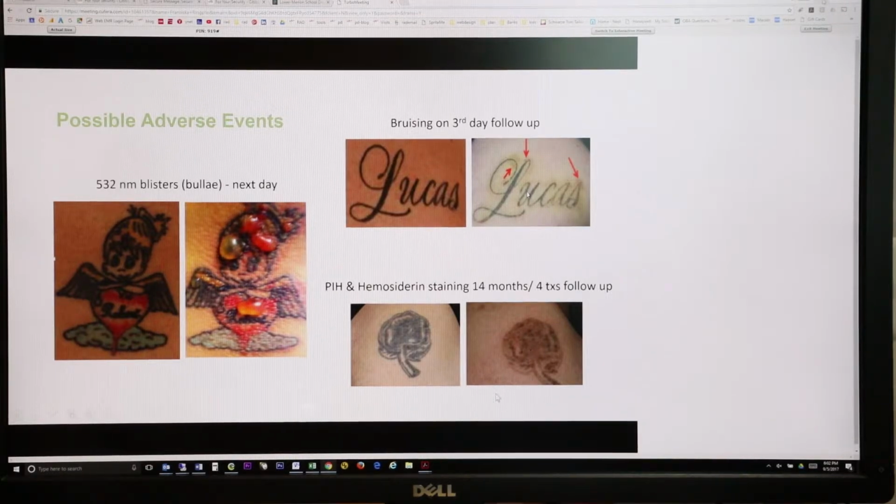So this person went out into the sun after their treatment and didn't adhere to the post-op instructions, which is stay out of the sun, because anytime you overheat areas that are injured, you get some possible hemosiderin staining. And these are the ones that we go in after with the picosecond.